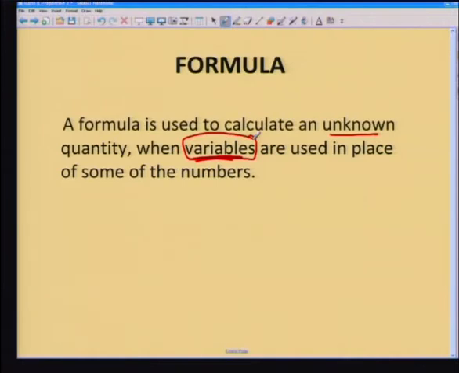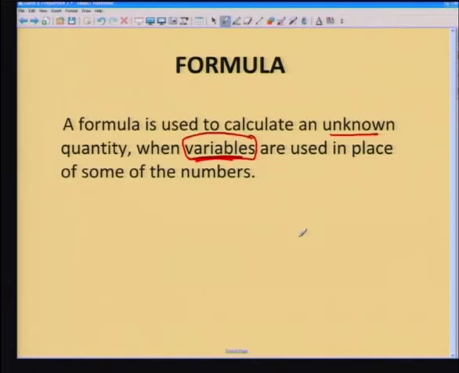It's sort of like a placeholder for a number. So you can basically substitute numbers wherever the variables are. So in some cases, you might have x's in your formula or whatever the case is, but the variable is just really a placeholder for a number when you're looking at a formula.